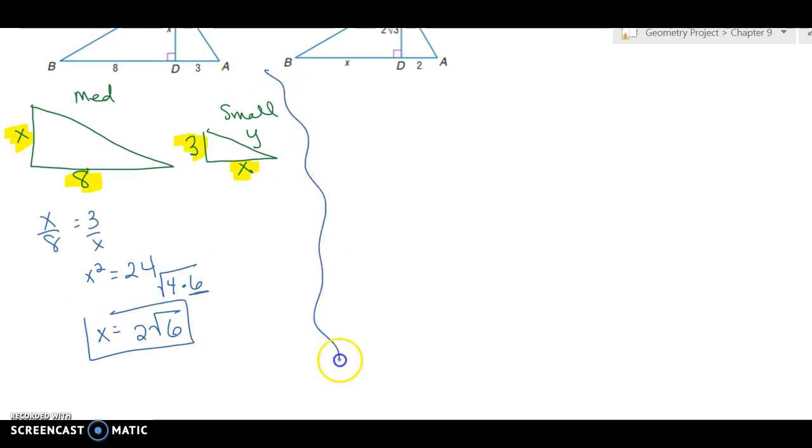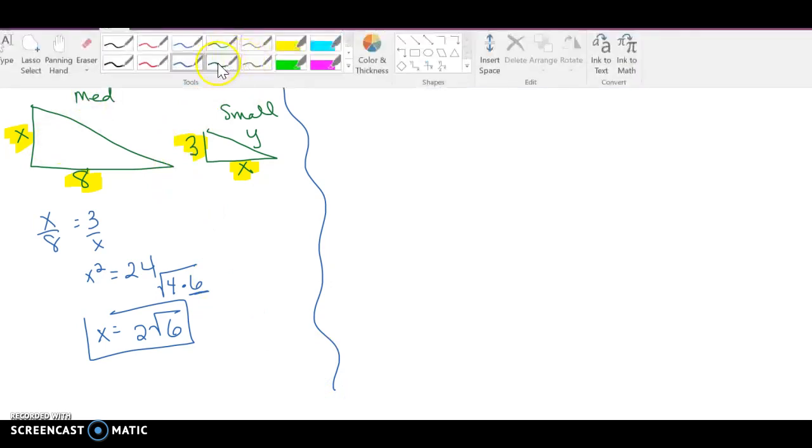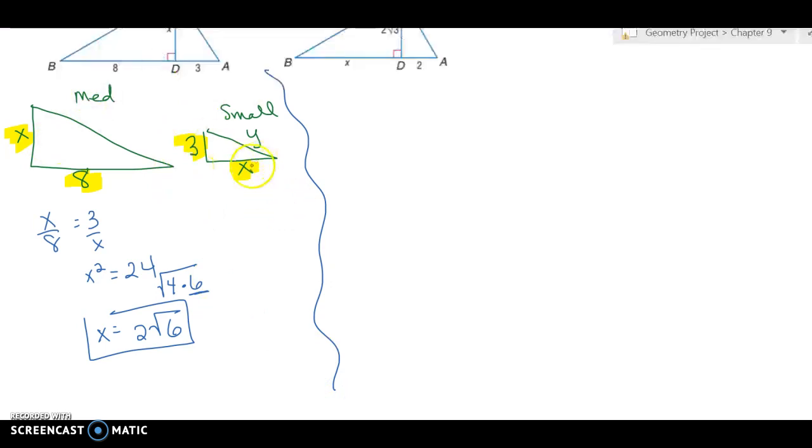Okay, and then now I'm going to try and find y. Now if you notice, y is on this small triangle. So what I can do is I can just say this is 2 square root 6, and now I can use Pythagorean theorem. 3 squared plus 2 square root of 6 squared equals y squared. So that's 9 plus 24 is equal to y squared.